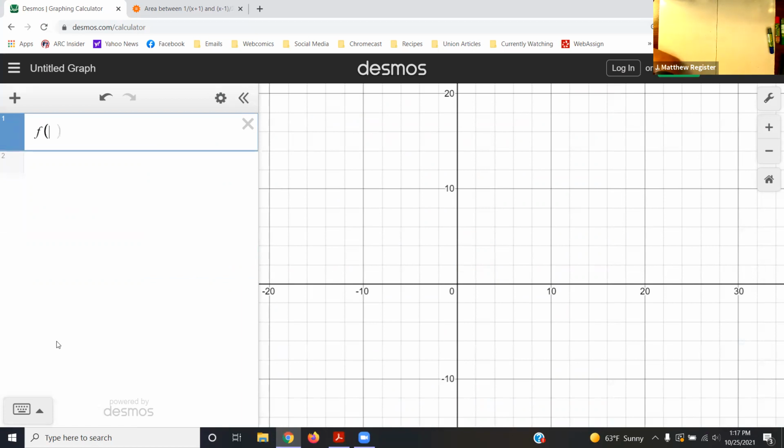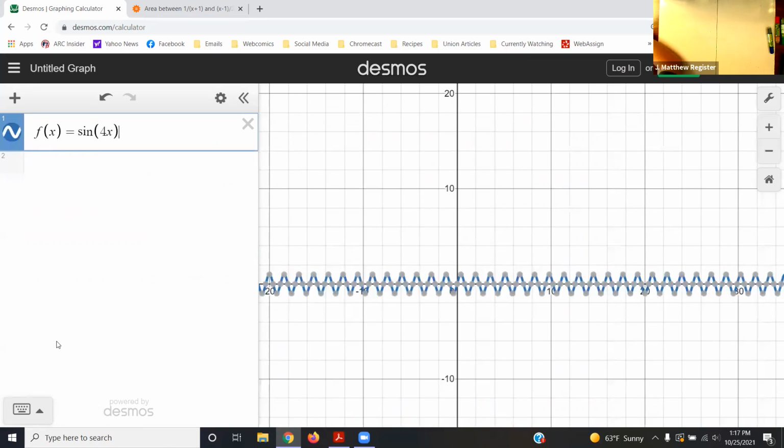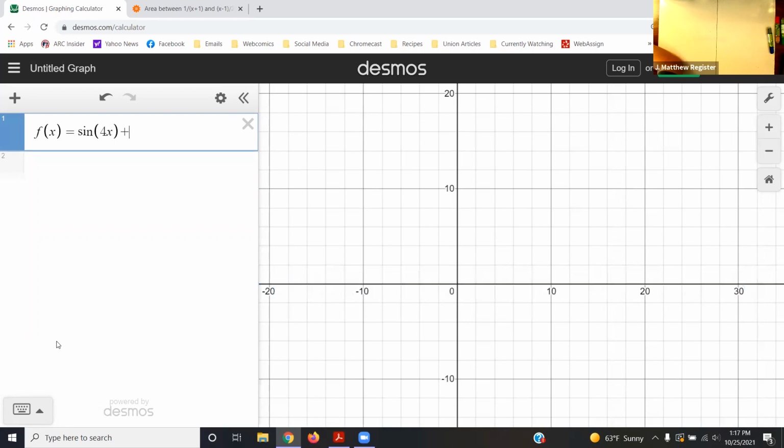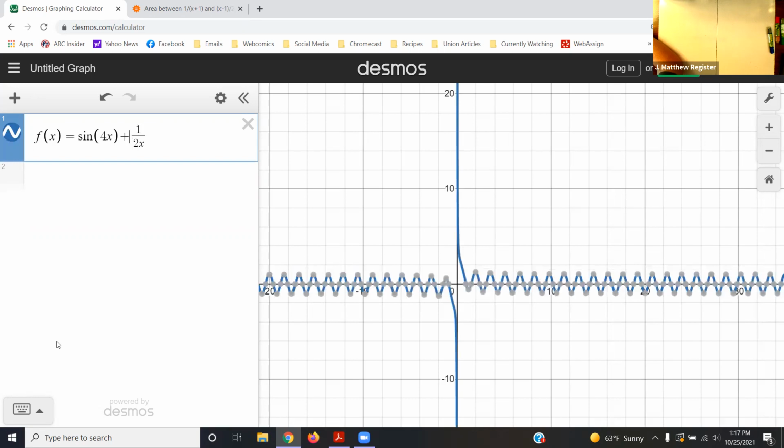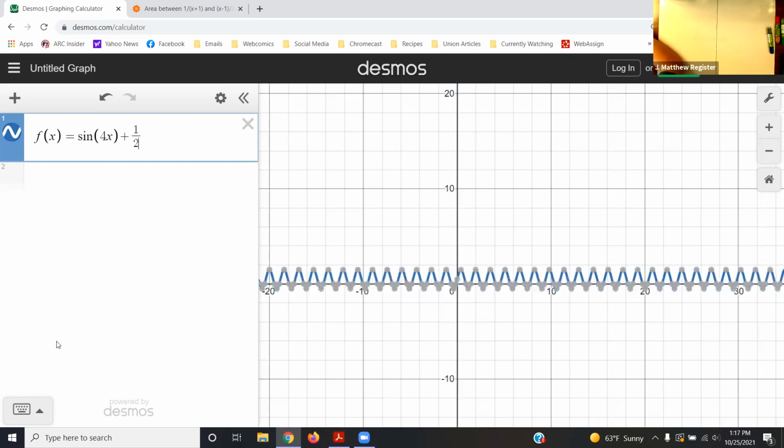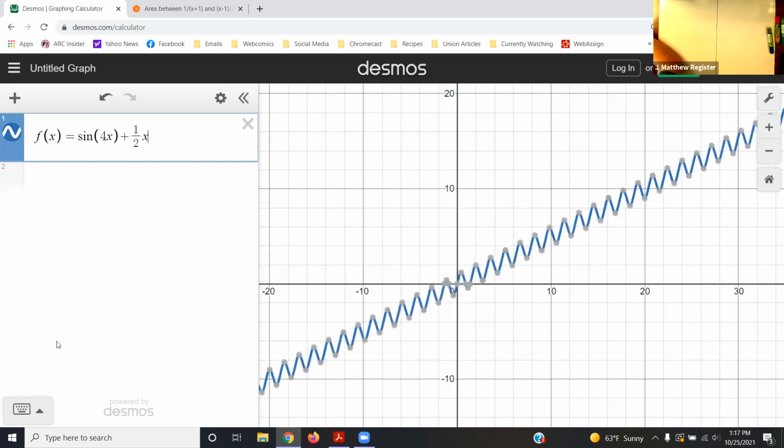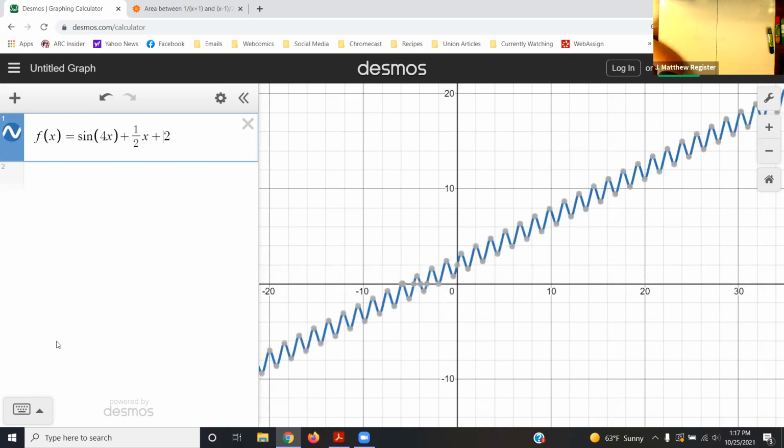How about f of x equals sine of 4x? 4x might be too much. Let's do plus 1/2 x. Ooh, I meant for that to be 1/2 x, plus 2.